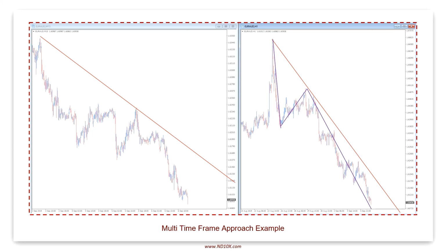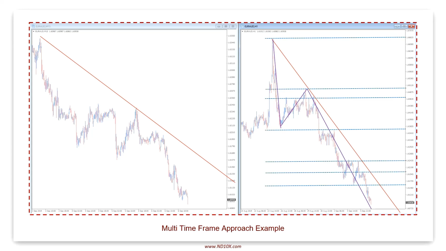But again, we can draw support and resistance levels on the chart just to give us a little bit more information. And also what I can see on the 15-minute time frame would be the wedge formation. What we know about the wedge formation is that it should appear at the ending stages of the trend.